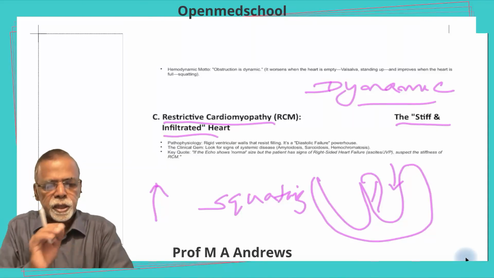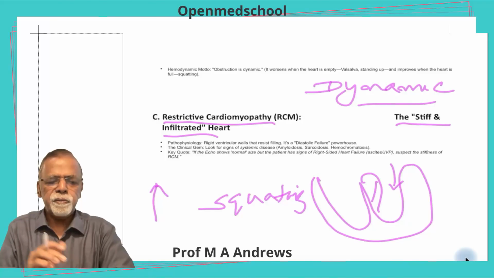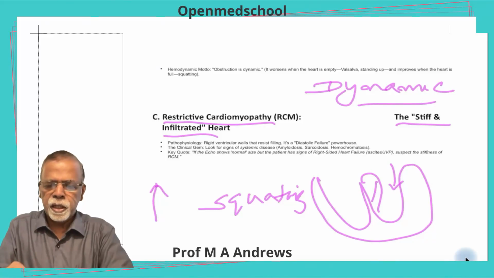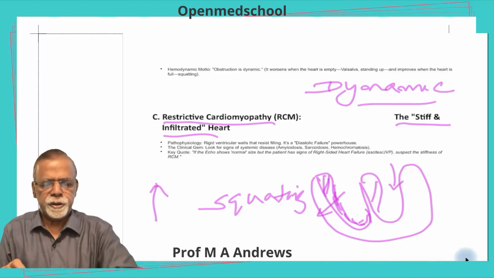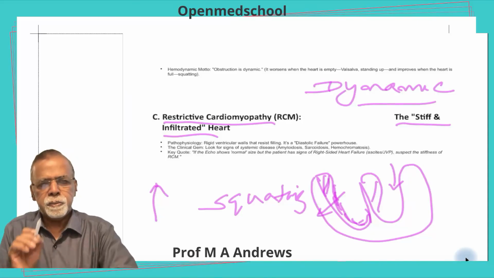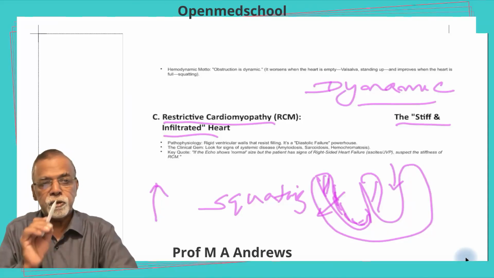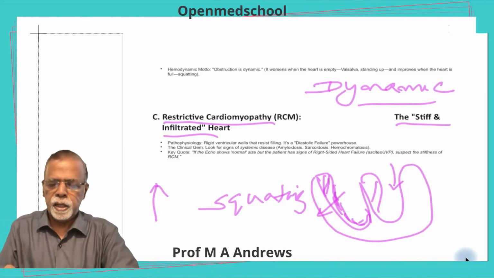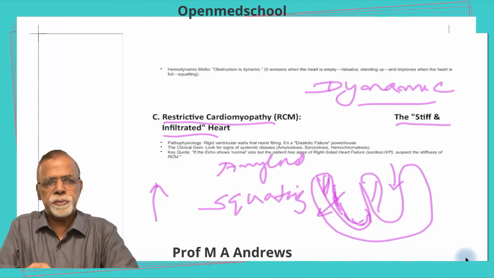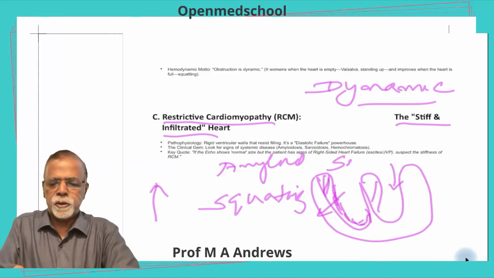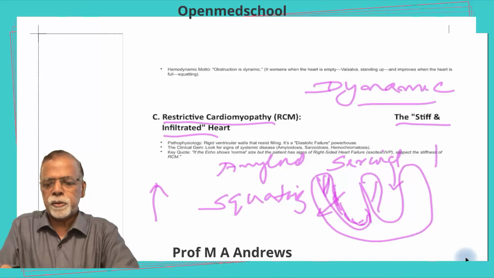So the third type is restrictive cardiomyopathy. The pathophysiology is that the ventricular walls resist filling. Here it was the left ventricle, here the ventricular walls are restrictive. The filling is decreased. The clinical clue that you should remember is always look for systemic causes like amyloidosis, sarcoidosis, and hemochromatosis.